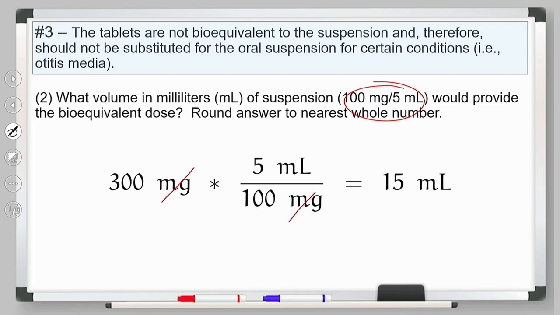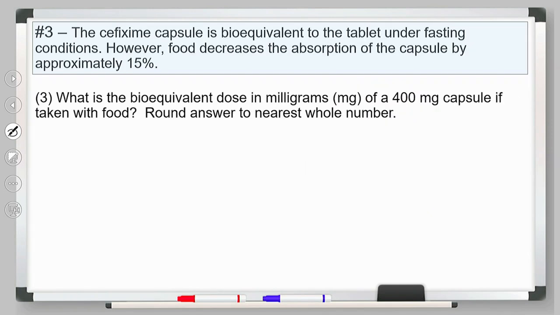Milligrams cancel, and 300 times 5 divided by 100 gives us 15 milliliters. So that is the volume equal to a 400 milligram tablet. You can take one 400 milligram tablet or 15 milliliters of this suspension and get the same therapeutic effect.